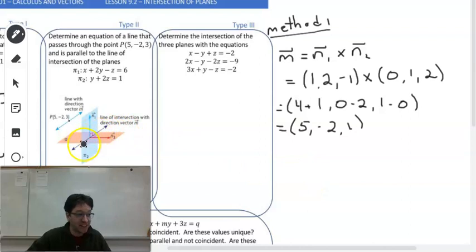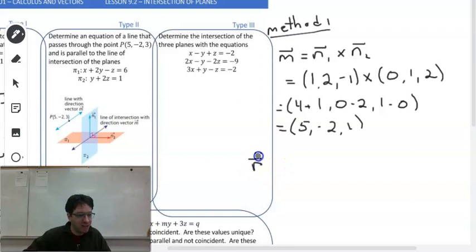So there, we have a direction vector. Now since this line is parallel to that line, they have the same direction vector, or we can use the same direction vector anyways. And since we know a point on the line we're looking for, there we go.